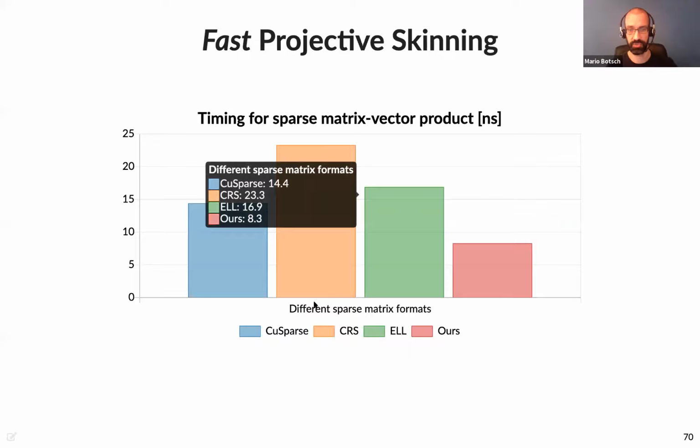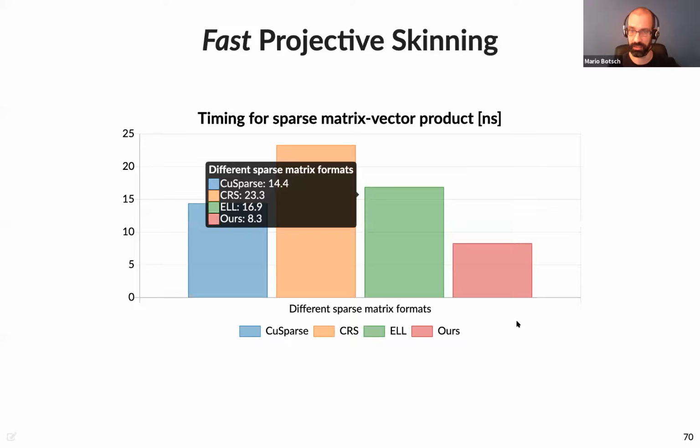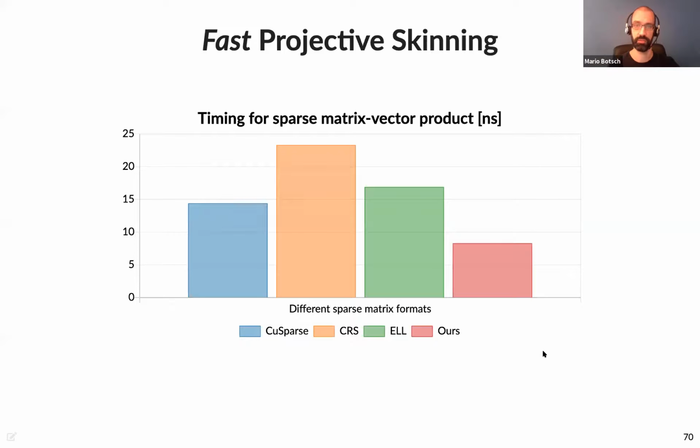CRS is compressed row storage, and ELL is another standard format for sparse matrices. And our format, which is like a mix of the two, gives us a quite faster implementation of matrix vector multiplication. Since this is the main ingredient for conjugate gradients, this speeds up conjugate gradients quite a bit.